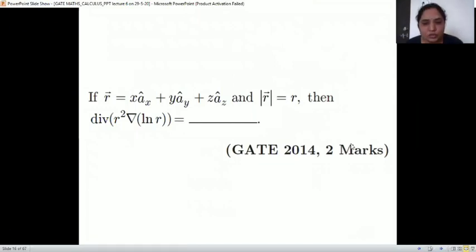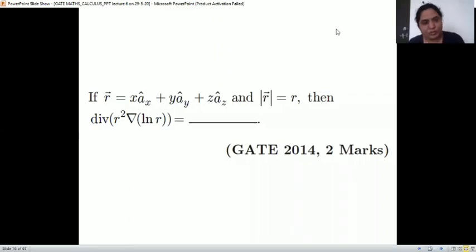That was also for 2 marks. GATE 2014. r bar is x ax cap plus y ay cap plus z az cap, and mod r bar is r. Then divergence of r square del ln r.